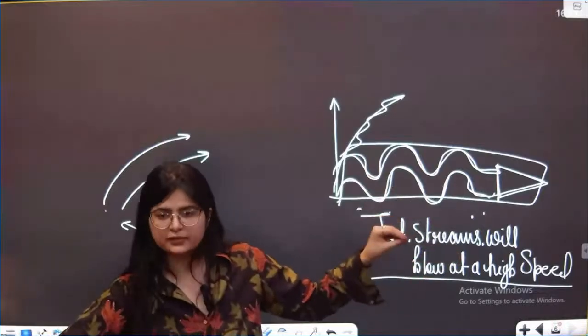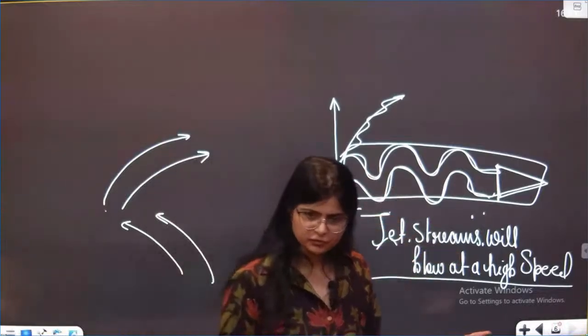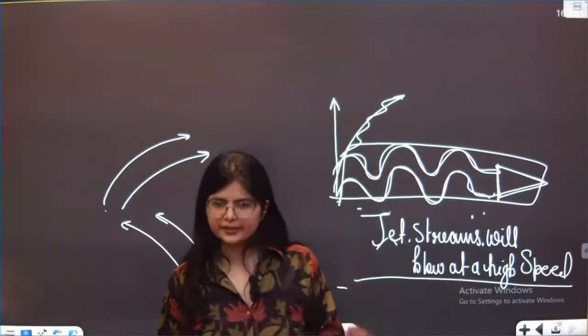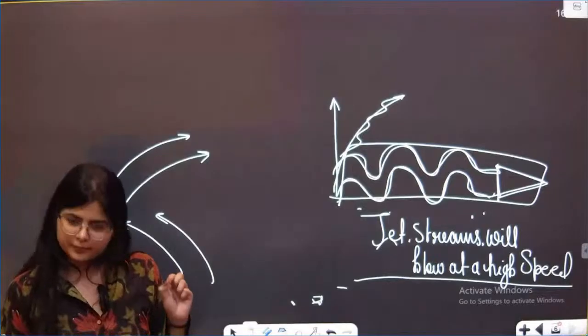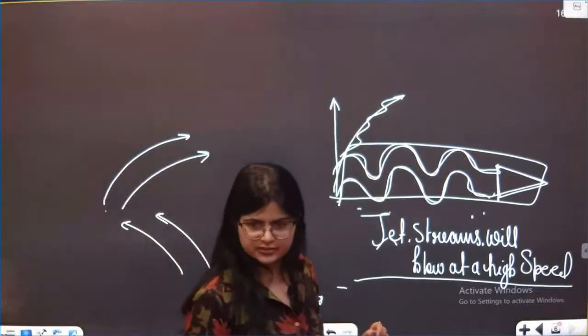And this speed is also dependent on another factor, which we call pressure gradient. Pressure gradient is nothing but the difference between high pressure and low pressure. We have discussed this yesterday, right?